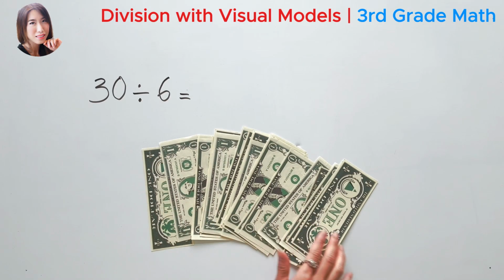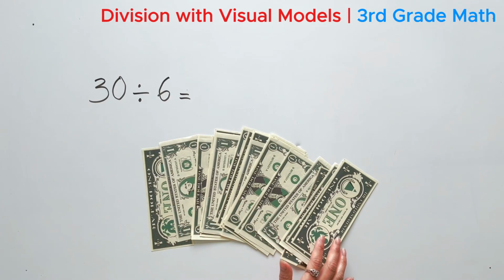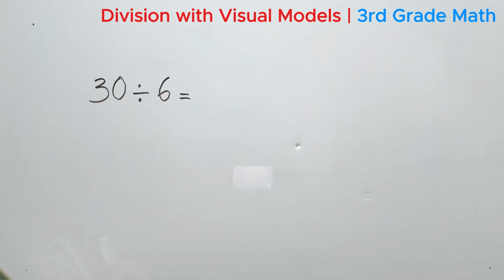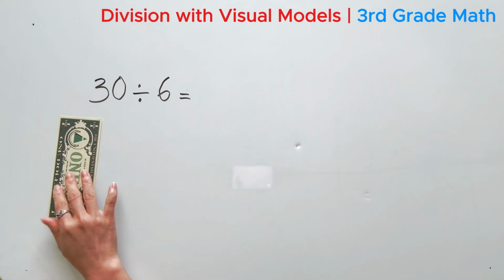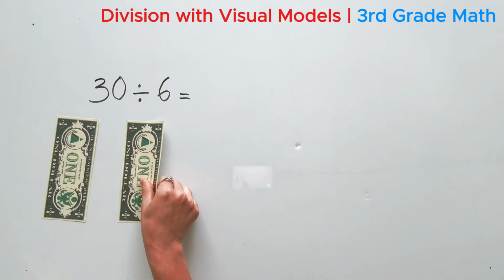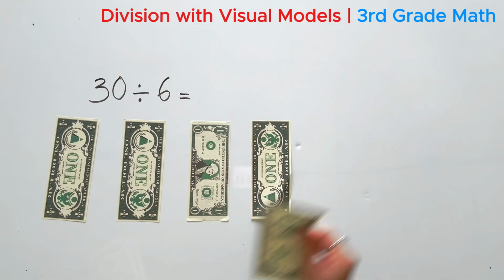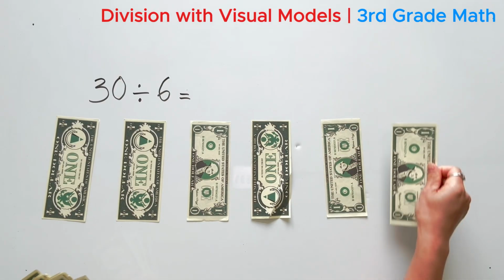You have $30 in front of you and you want to share it equally among your 6 friends. So $1 for each friend. 1, 2, 3, 4, 5, 6.